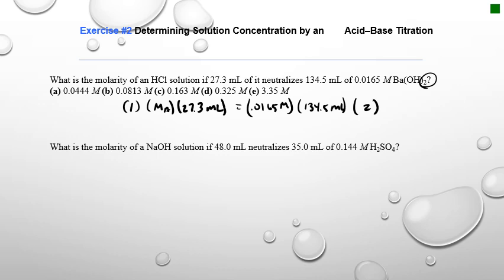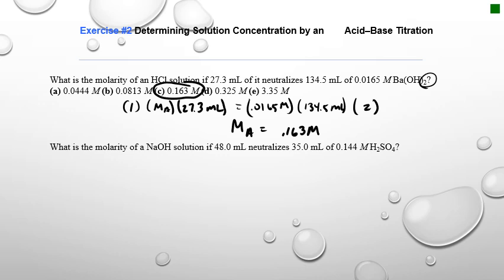So if I take 0.0165 times 134.5 times 2, and then divide that by 27.3, we end up with the molarity of the acid equaling 0.163 molar. So our answer for that would be C.